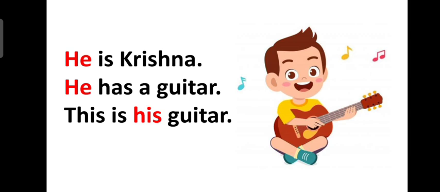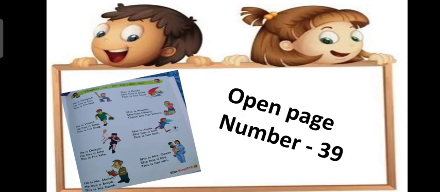Okay, now open page number 39. Chapter 15. Use of he, his and she, her. So, now read with me. He is Deepak. He has a bat.